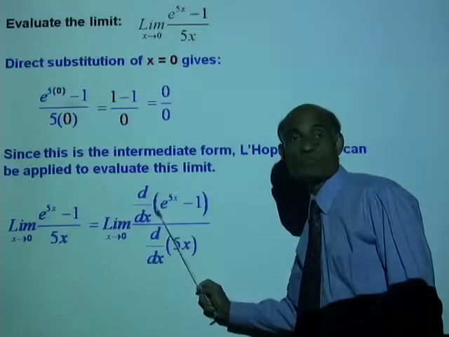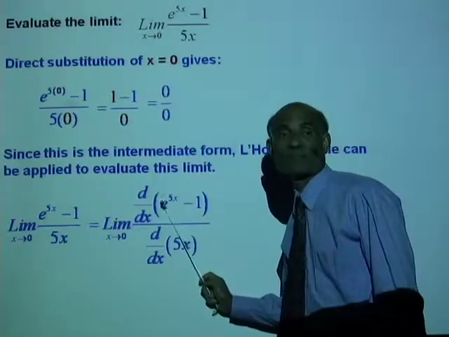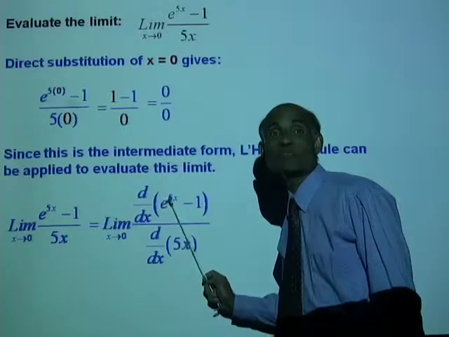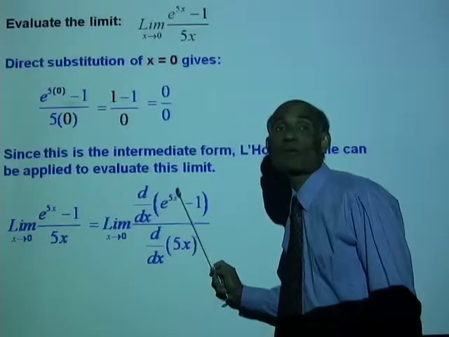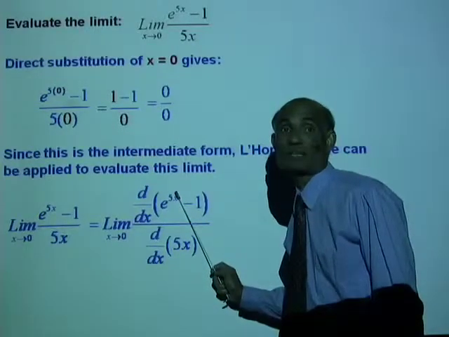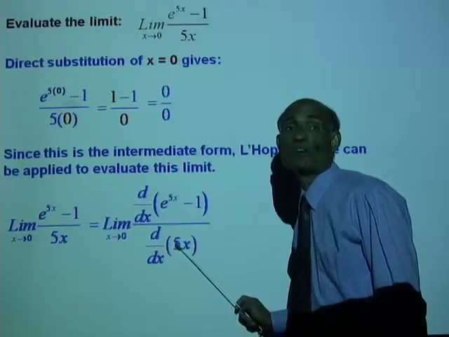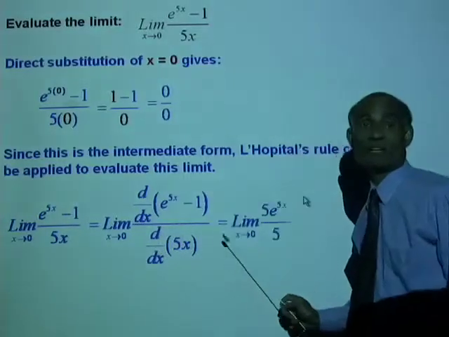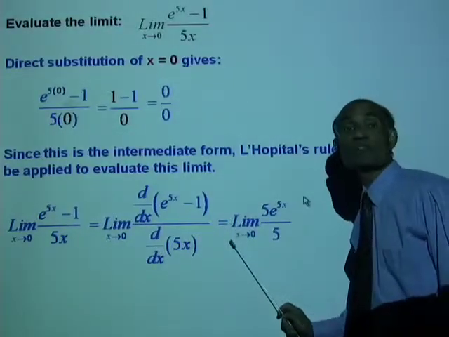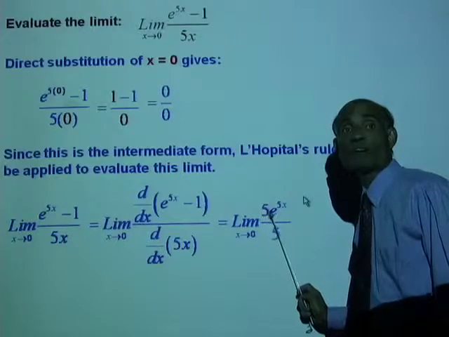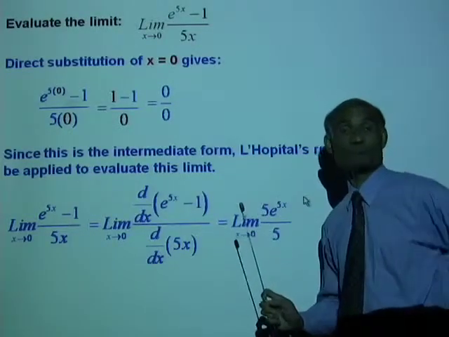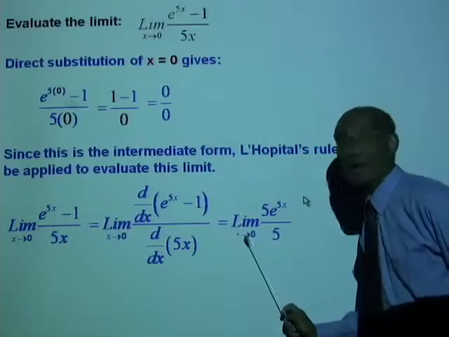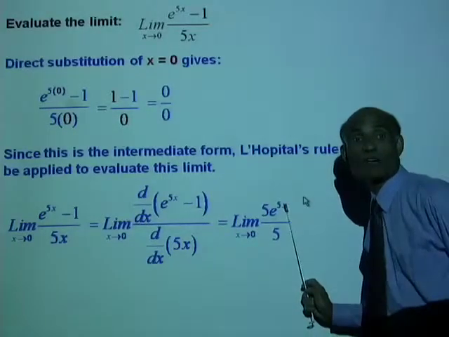Now tell me, what is the derivative of the numerator? The derivative of e to the power of 5x is 5 e to the power of 5x. And the derivative of 5x is 5. So that will be the limit as x approaches 0 of 5 e to the power of 5x divided by 5. Can we replace our x by 0?